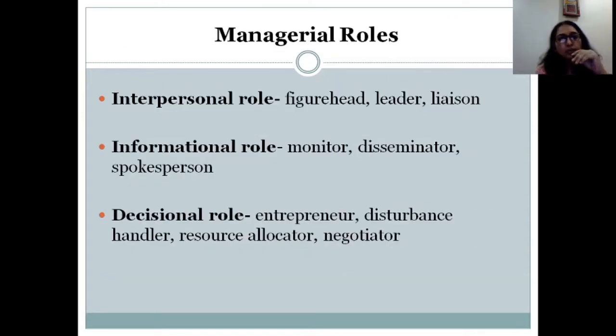Now, there are certain roles that the managers play. In the late 1960s, Henry Mintzberg identified 10 managerial roles, which are primarily your interpersonal role, informational role, and decisional role. So all managers are required to play these roles or to display this kind of behavior.